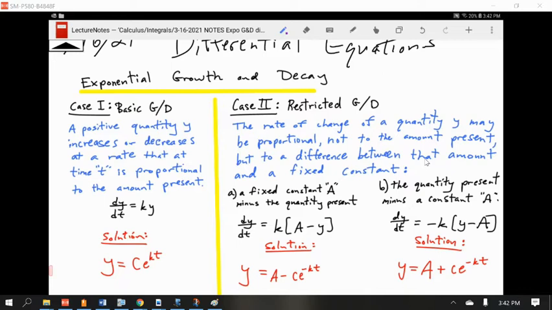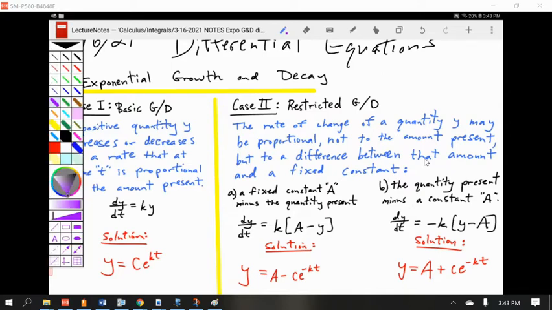The y could be any letter, right? So dy/dt equals ky. This is the rate proportional to the amount present. The rate of change of some quantity is proportional to the amount present. dy/dt equals k, the proportionality constant, times y. If I were to solve that differential equation, you would get the solution y equals Ce to the kt power. We did the solution in class last Thursday.